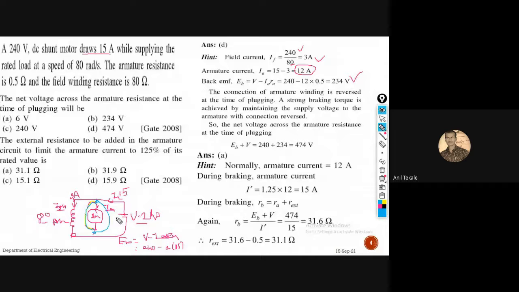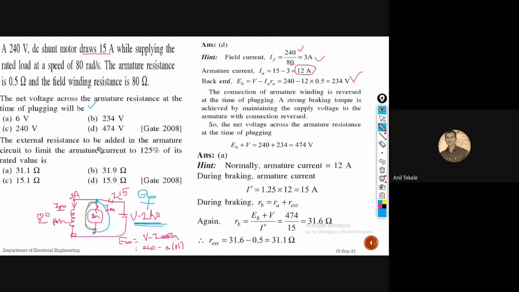Okay, so that braking torque will just add the voltages. Whatever the voltage appears across the armature resistance is nothing but the supply voltage plus Eb. That voltage plus back EMF is the answer to the first question.